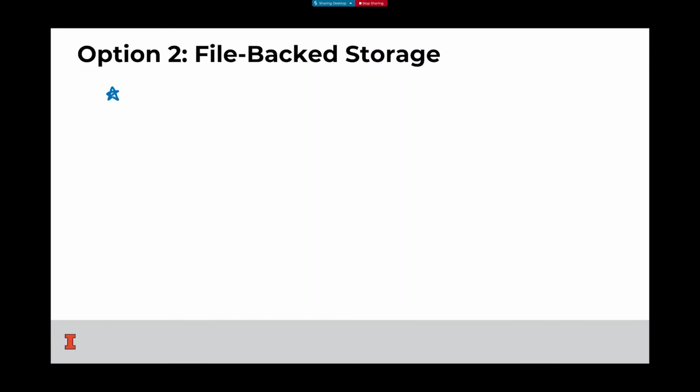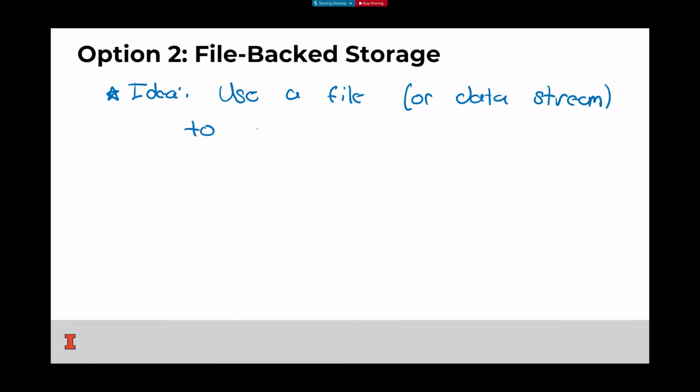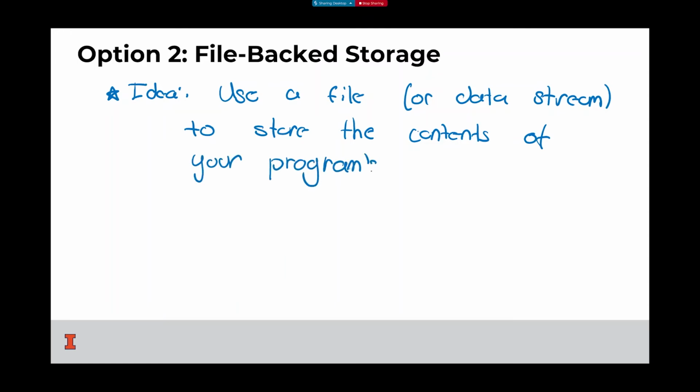So the idea is you use a file or data stream to store the contents of your program's memory, of your program's data. The idea is to use a file or some other data stream to store the contents of your program memory.